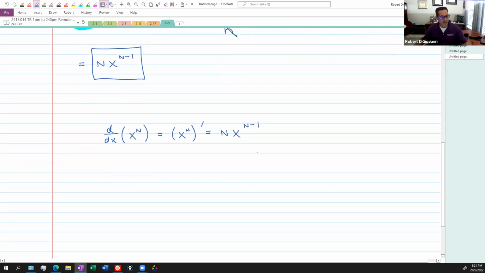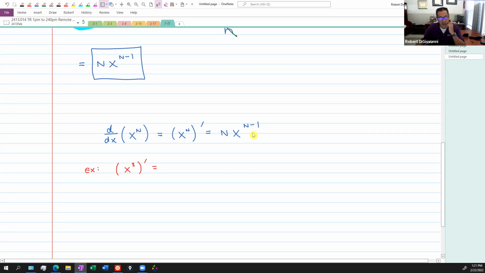So let's see this in action. As an example, if I wanted you to take the derivative of x cubed, here n is 3, right? So the way you do this is you use the formula. The formula says that the answer is the n, the power you started with, which is 3, and then the new power is 1 less than that.